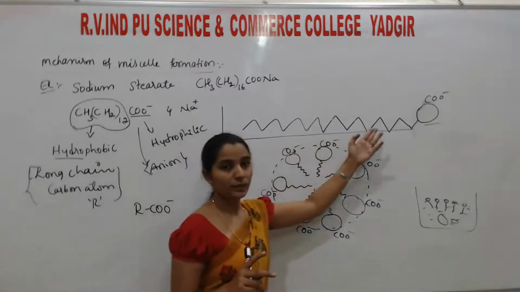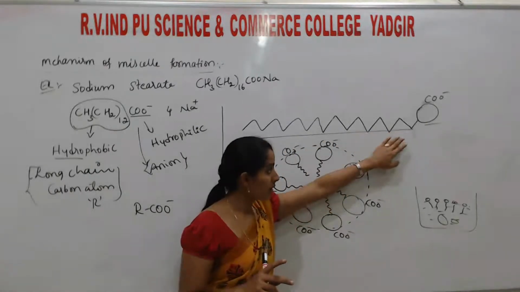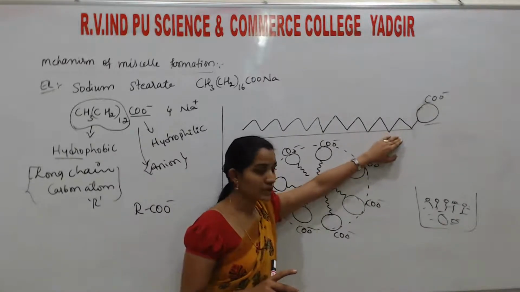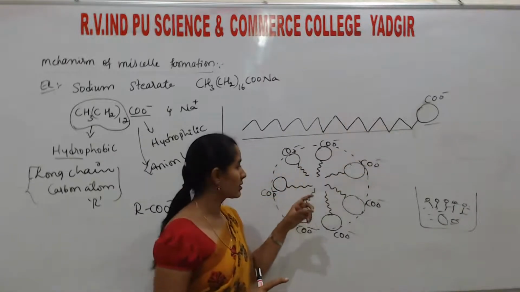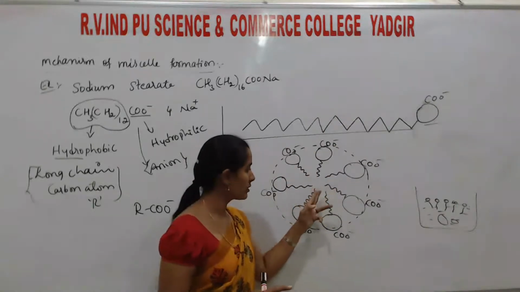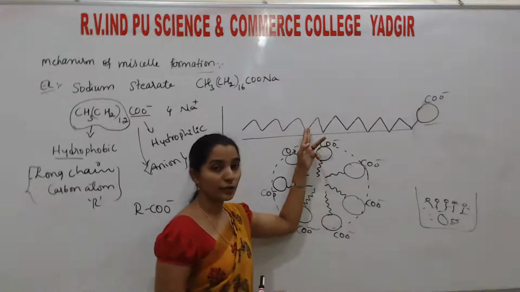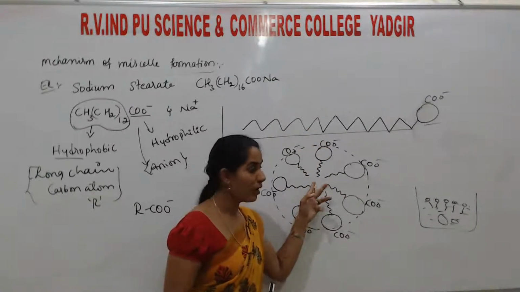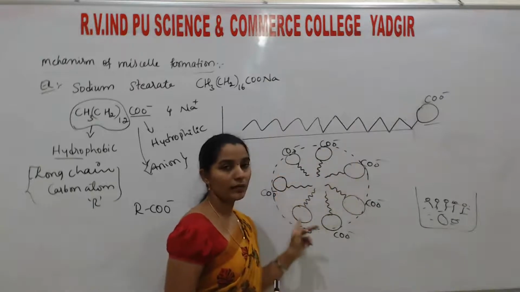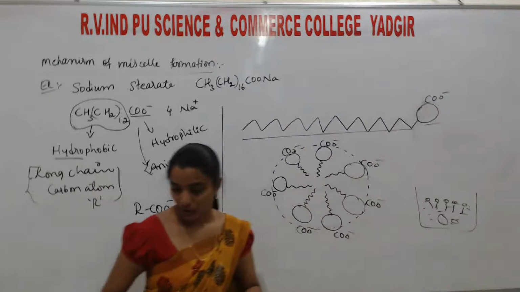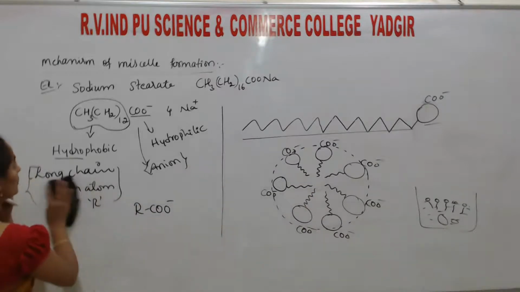The structure of the anion in the soap after dissolution is like this. So these form a micelle structure, a spherical shape, in such a way that the hydrophobic parts move towards the core of the sphere and the hydrophilic parts are away from the core of the sphere. Understand? So how this will work?